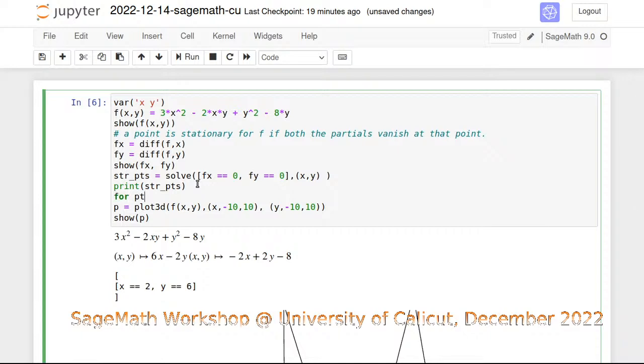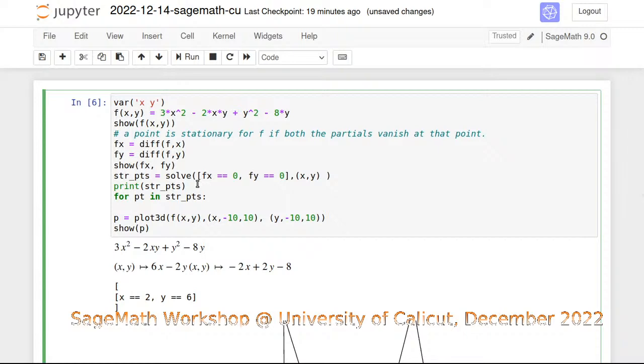For point in, so we need the x coordinate. Now pt holds the value x equal to 2, y equal to 6. So the x coordinate is nothing but pt 0, 0. This is one point, one solution.